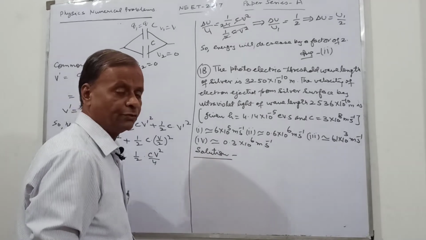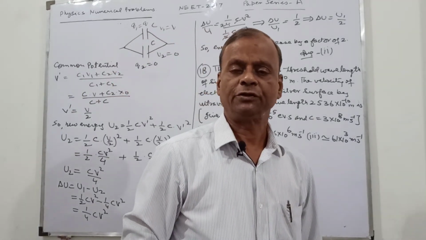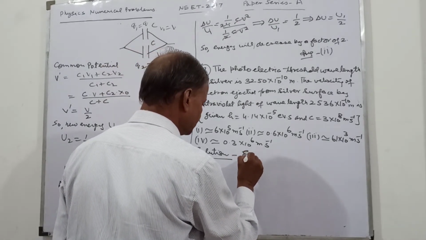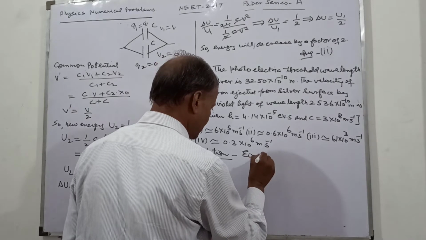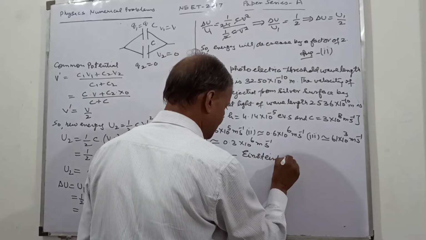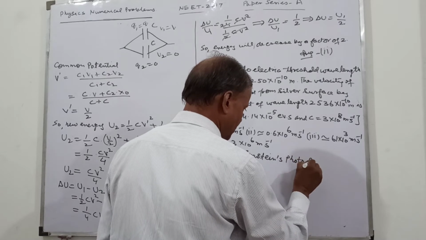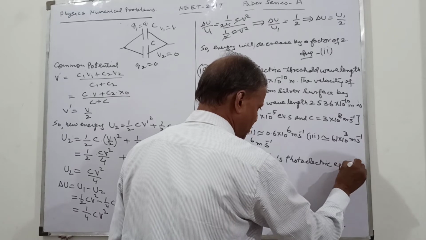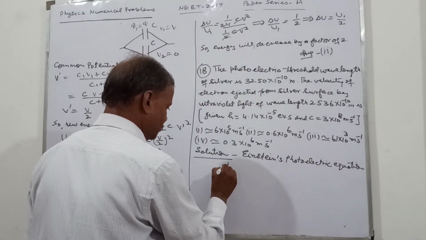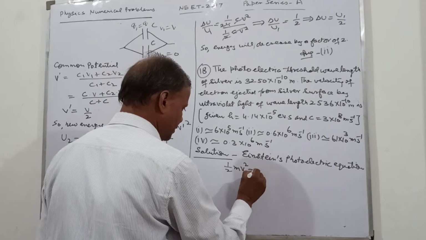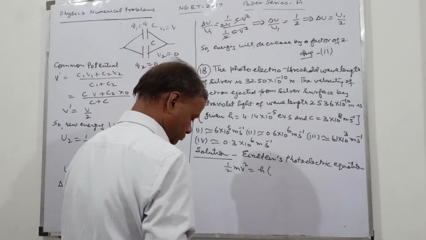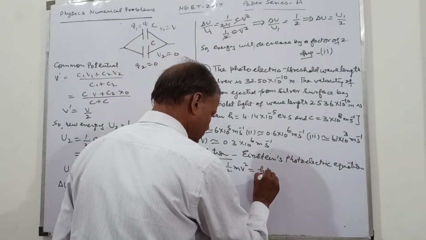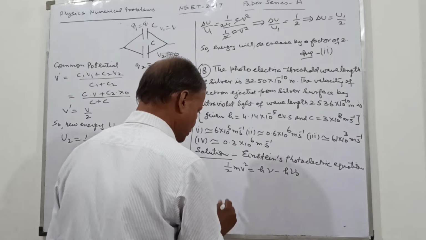Here we shall directly use the Einstein photoelectric equation. This is now your half mv square equal to h nu minus h nu naught.